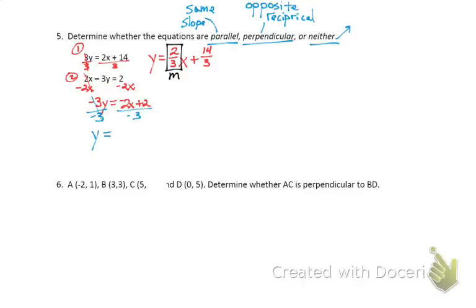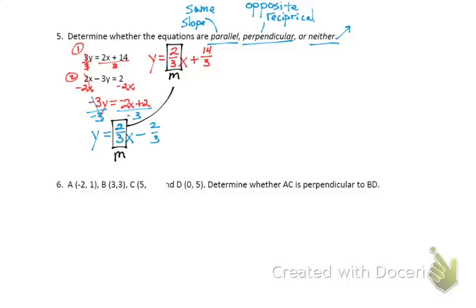Y equals negative 2 over negative 3 is a positive 2/3, so I have positive 2/3 x, and then minus, and again I'm going to just leave my y-intercept as a fraction, so minus 2/3. Again, what I care about here is that this line has a slope of 2/3.